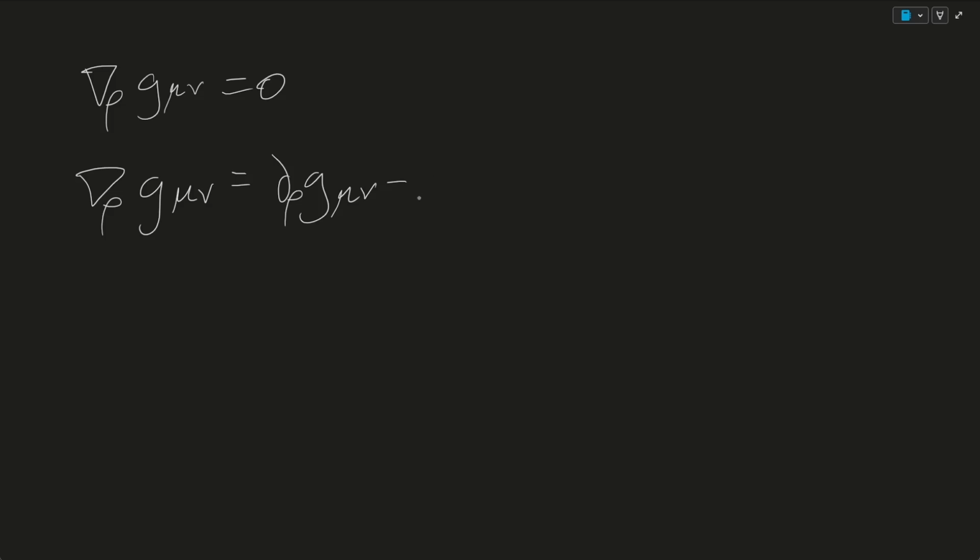Now we'll introduce the Christoffel symbols, which are these capital gamma, gamma super lambda, rho mu, g sub lambda nu, minus the second.